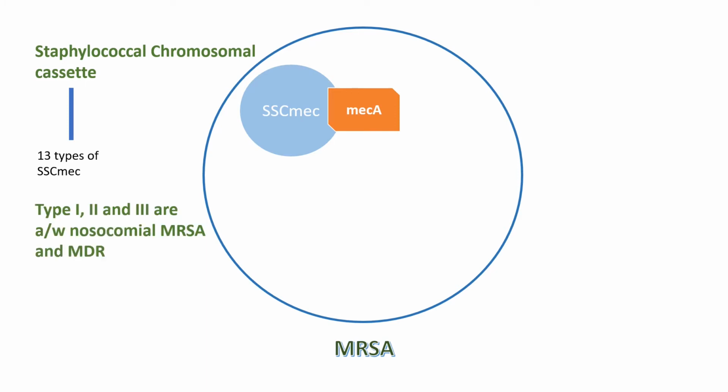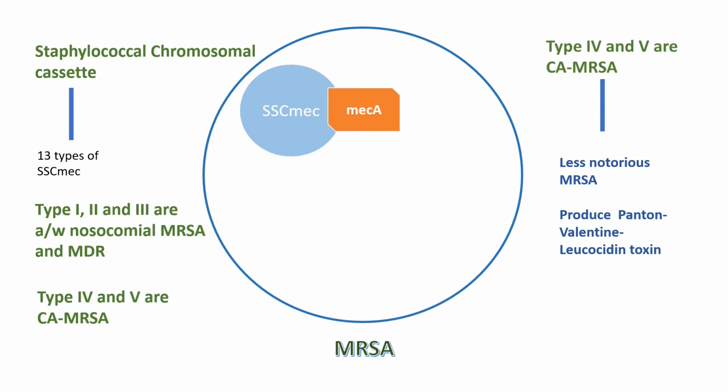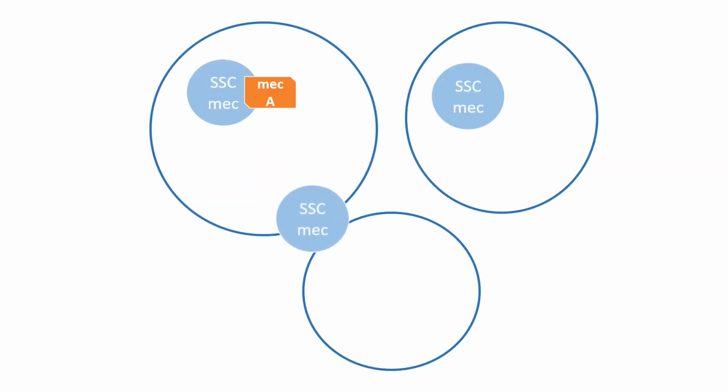Type 1, 2 and 3 SCCmec are associated with nosocomial MRSA and are multi-drug resistant, whereas type 4 and type 5 SCCmec are associated with community-acquired MRSA, and they are less notorious compared to hospital-acquired MRSA, and they produce a PVL toxin. This SCCmec is transferred horizontally from one Staphylococcus aureus to another Staphylococcus aureus, and in this way they lead to the development of outbreak.